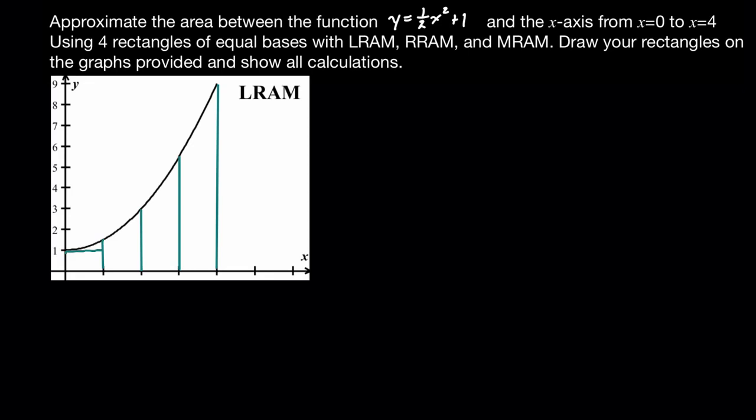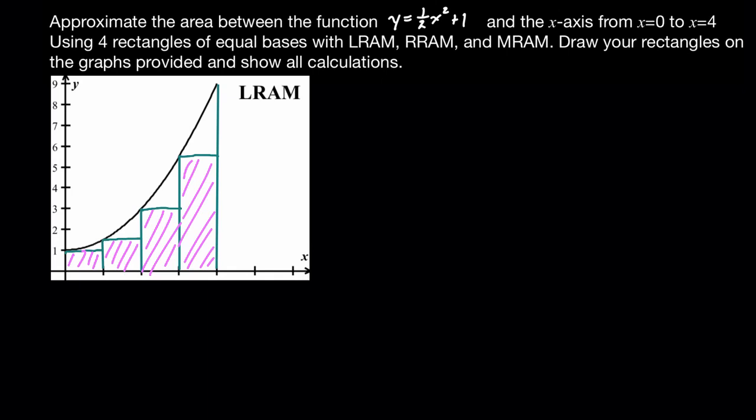The next one comes from here going across, from the left side here across, and the left side here going across. All right, so that is going to give us the area of this, plus this area, plus this area, plus this area right here.